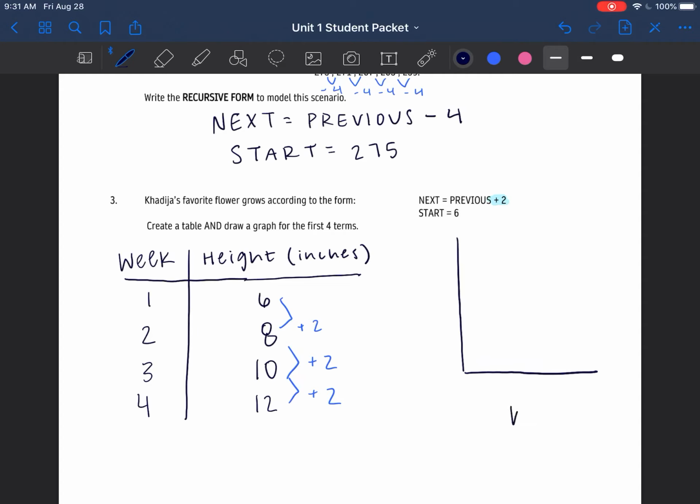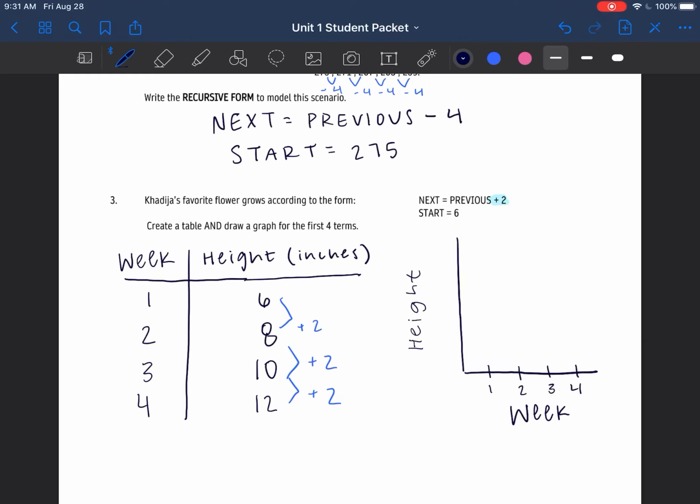And we're going to graph the week down here on the x-axis as compared to the height on the y-axis. So as far as weeks go, I just need to be able to get to week 4. So I'm going to count 1, 2, 3, 4. We can label those week 1, week 2, week 3, week 4.